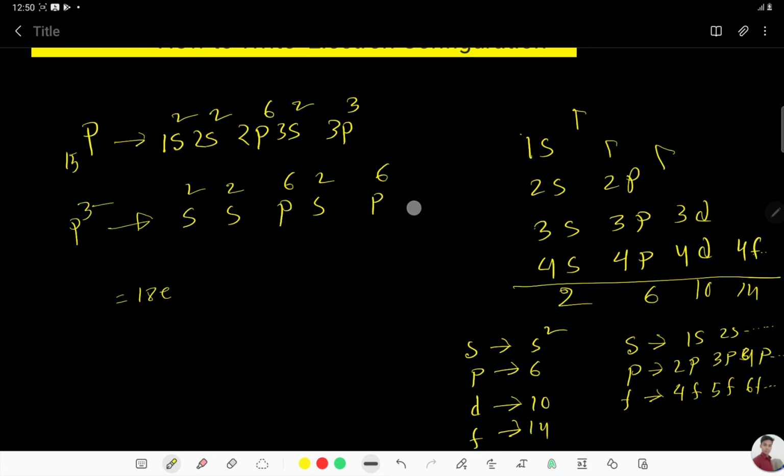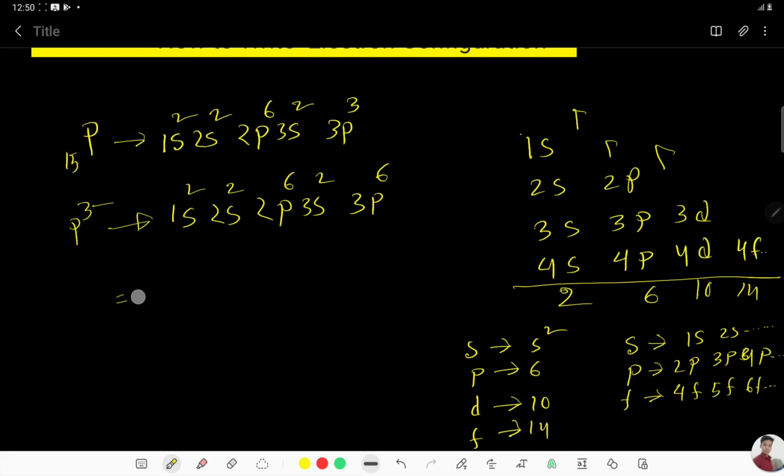So we don't need more. So s starts from 1s, then 2s, 3s, p starts from 2p, 3p. So this is the electron configuration of the phosphide ion, right?